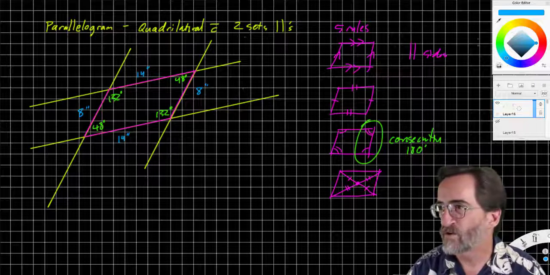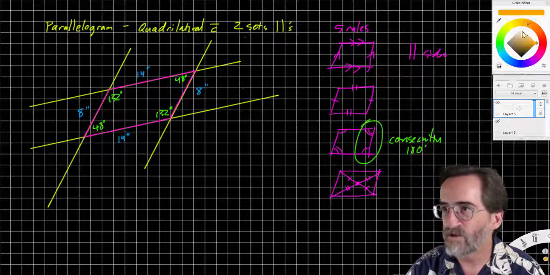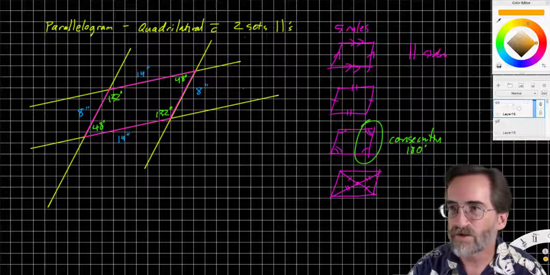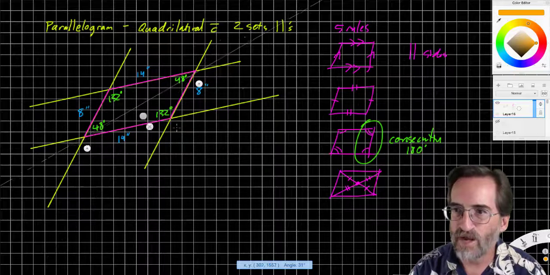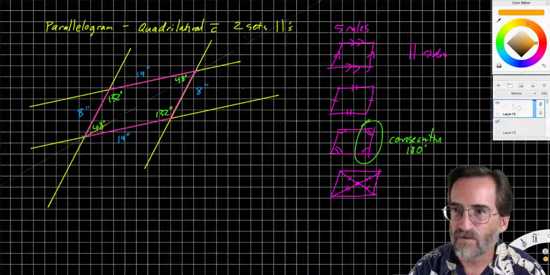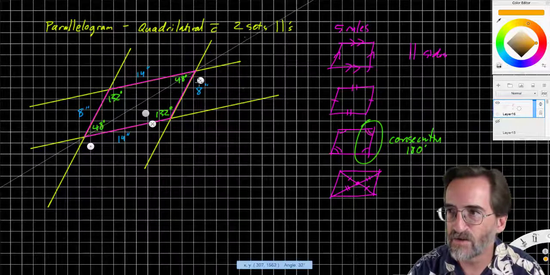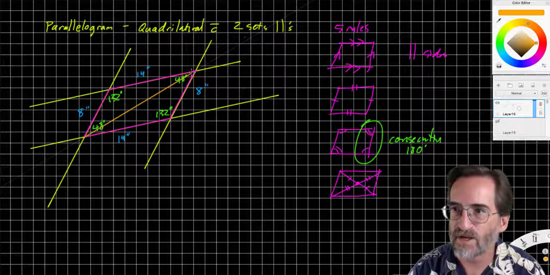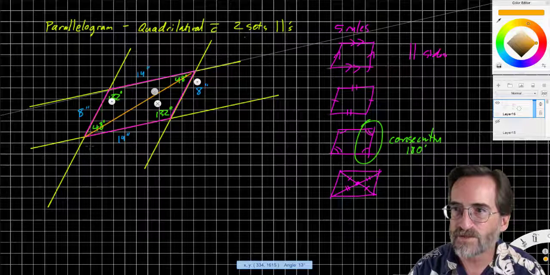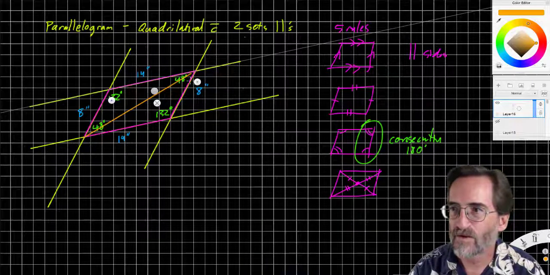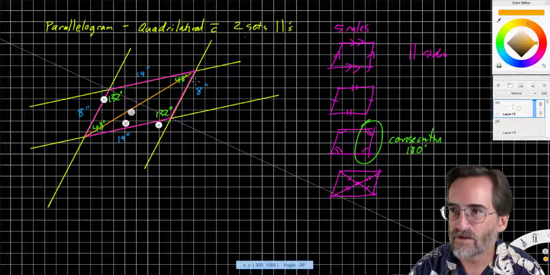And what's more is if we have the diagonals, we know the diagonals split each other in half. So let's say we've got this diagonal, and this diagonal.